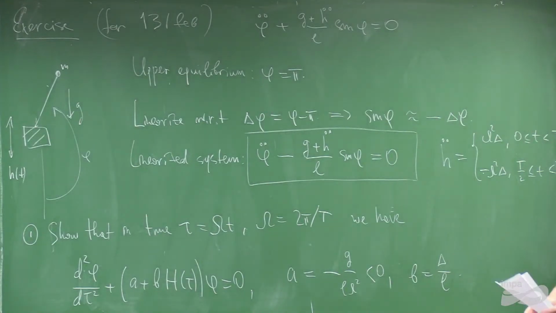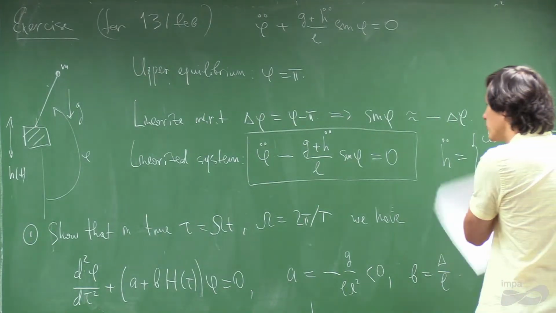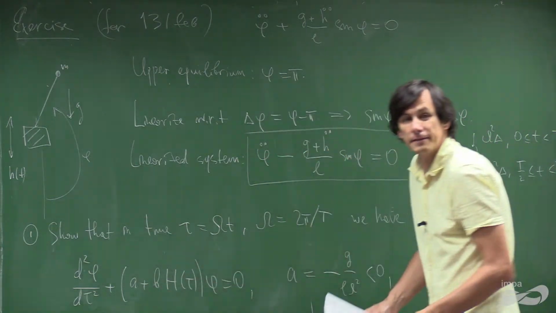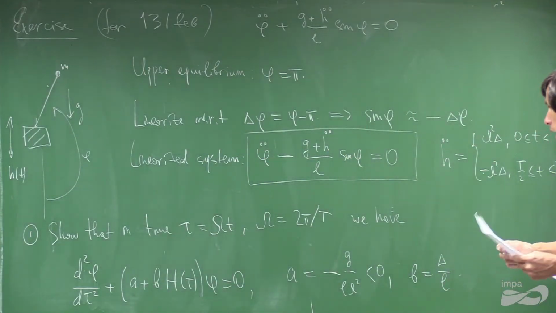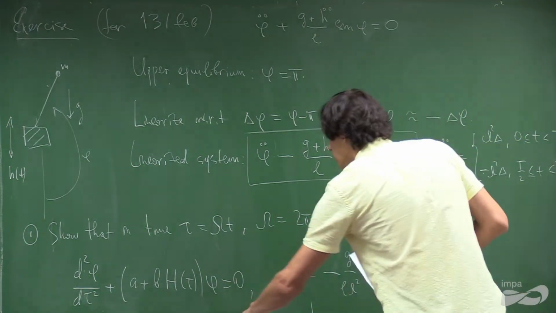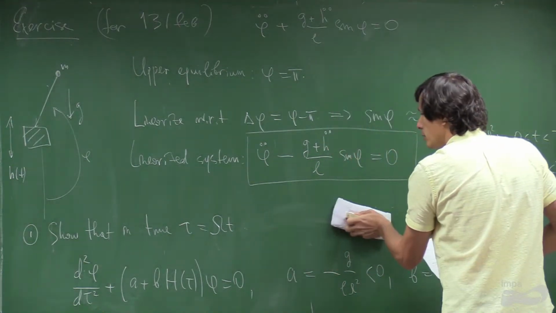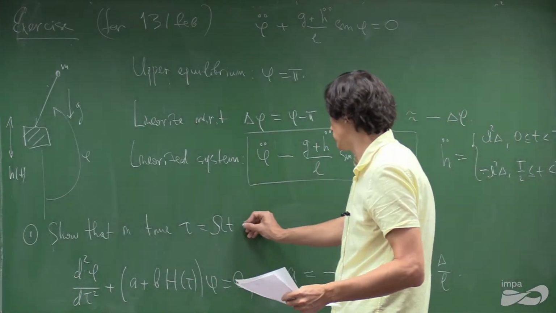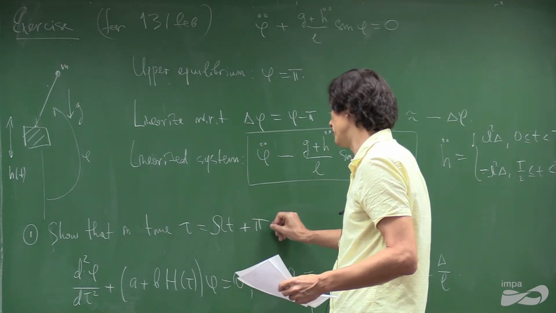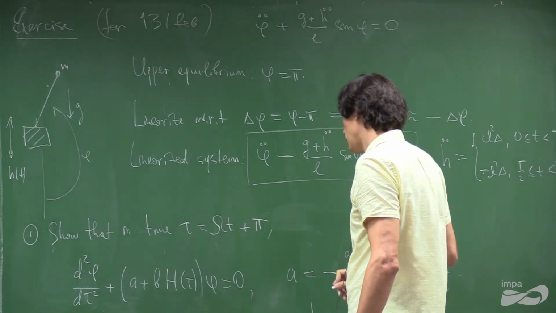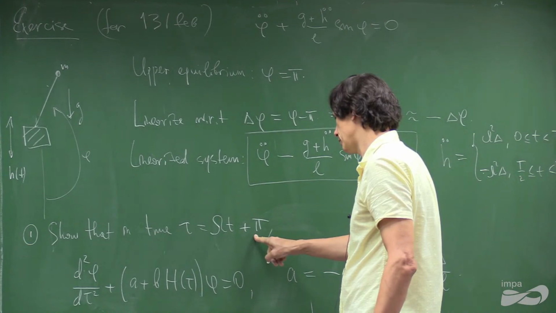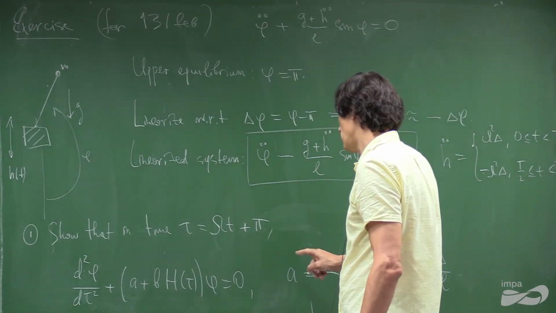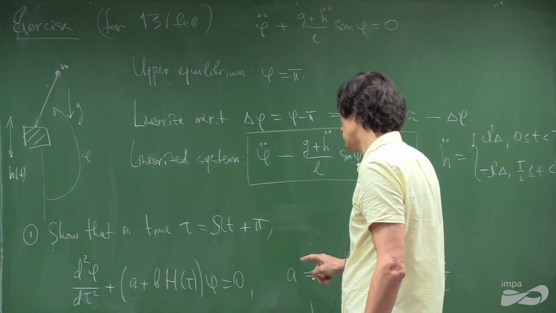Just make this simple transformation of time that we did, but just to see that A will change the sign. In that case it will be minus A and minus B. So in order to change B to positive, you add half a period here. So add a half a period.